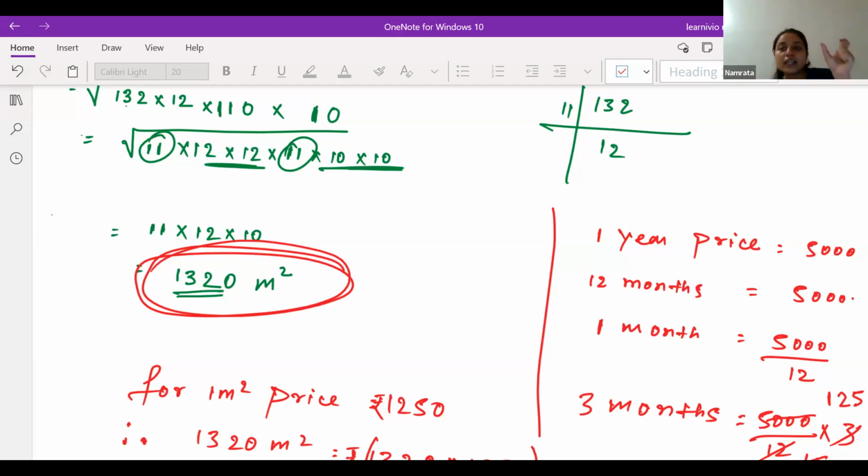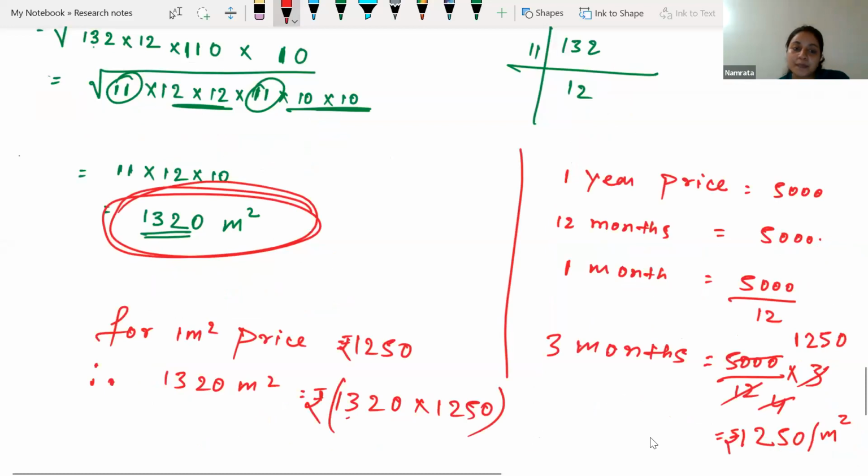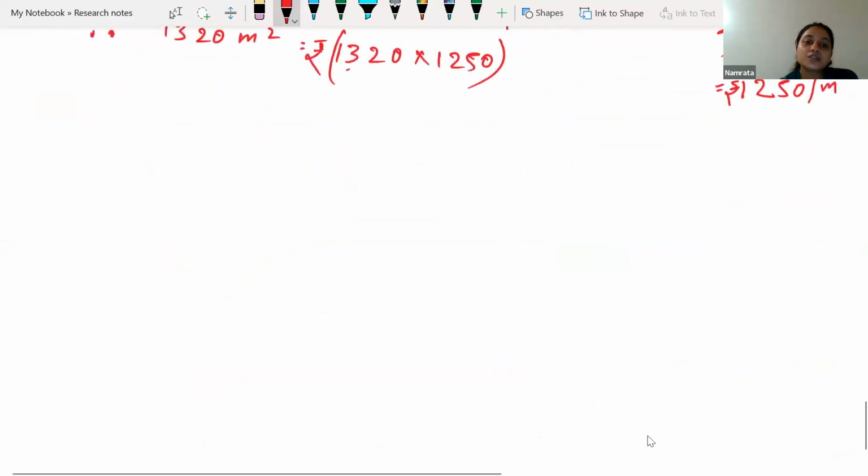So we calculated the area according to our triangle, and then we calculated the price. Is it clear to each and every one? Yes, ma'am. Okay, let's move to the next question.